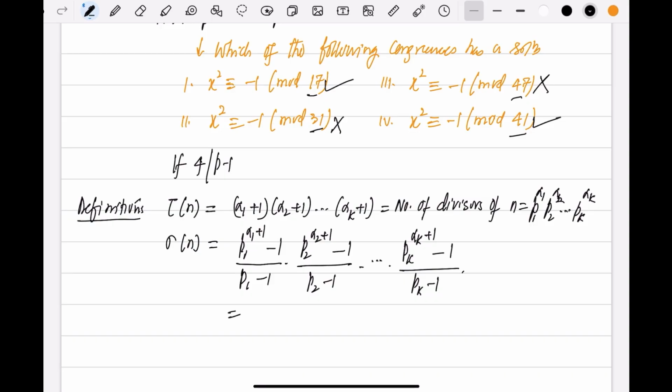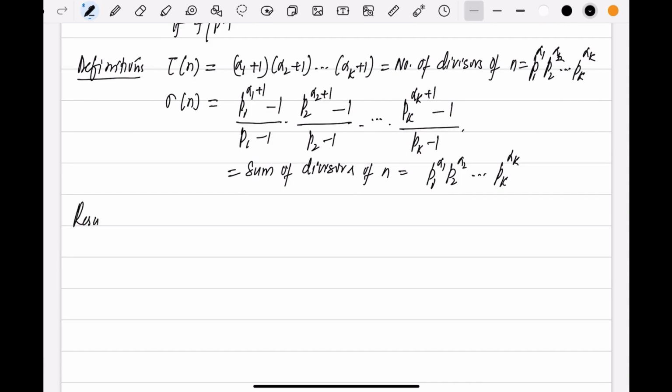So this second formula is equal to the sum of divisors of n, which has the canonical form p_1^alpha_1, p_2^alpha_2, and so on, p_k^alpha_k.